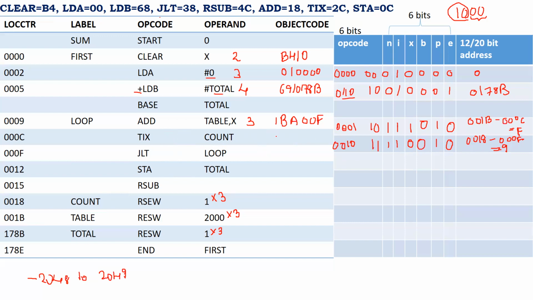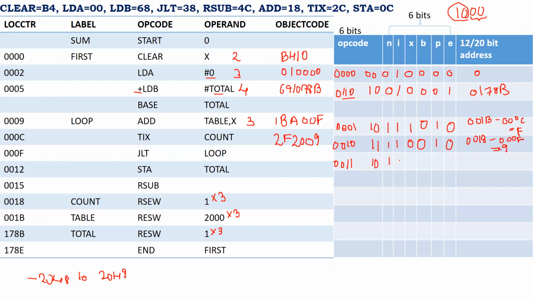That's why P is set to 1 and B is 0. If we write the object code for this, it is 2F, then again 2 and 0009. Next is JLT. The JLT opcode is 38. So it is 0011 is 3, 1000 is 8.